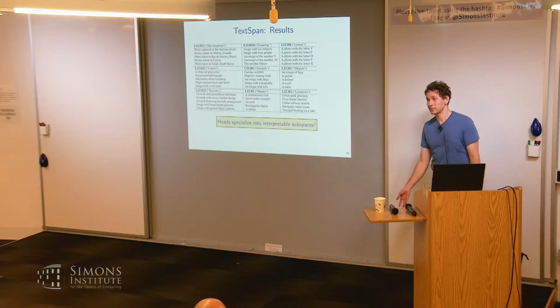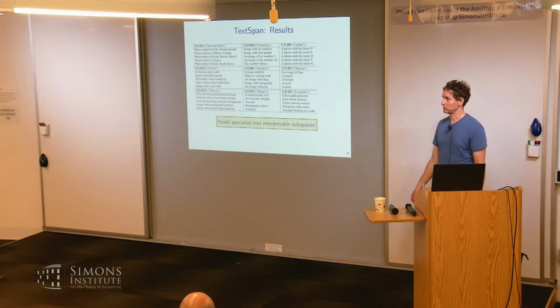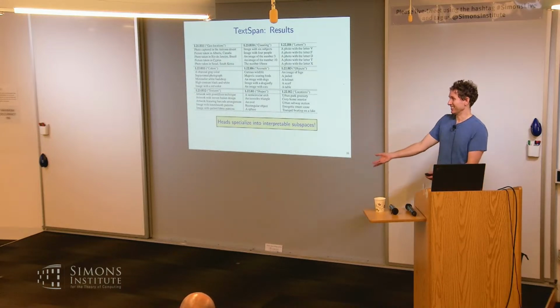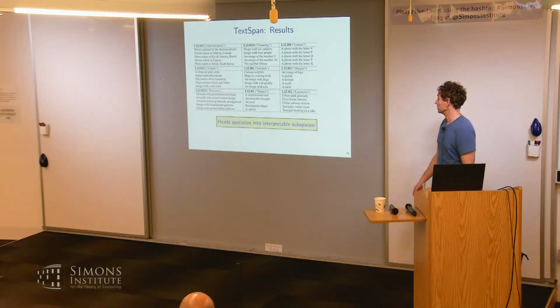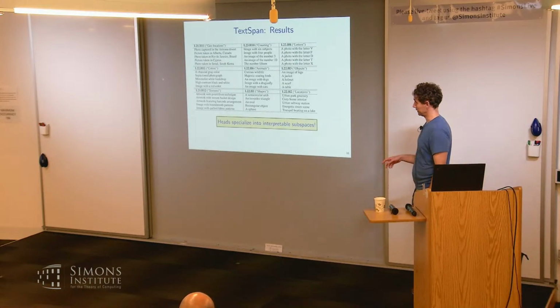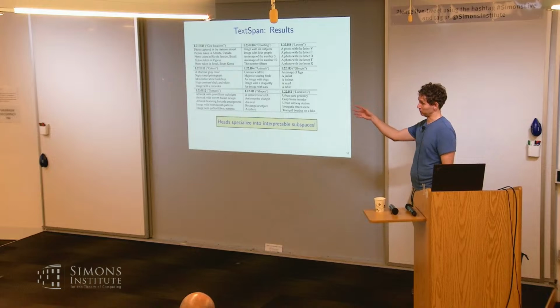In some ways, this isn't that surprising though, because if you multiply 70 by the number of heads, you get roughly the embedding dimension. So it's almost full rank. I think we have a plot somewhere. I don't think I have it in these slides. If you were to only do 10 or 20, then you lose a lot more accuracy, although you do get non-trivial performance.